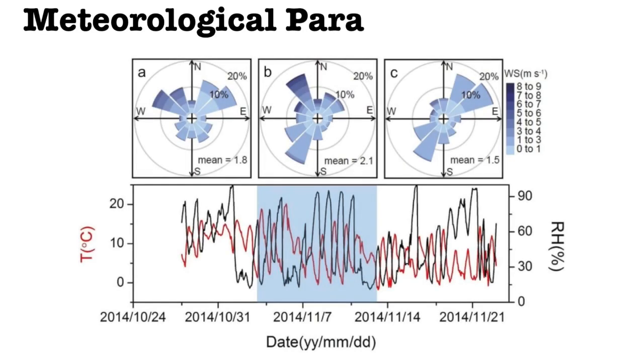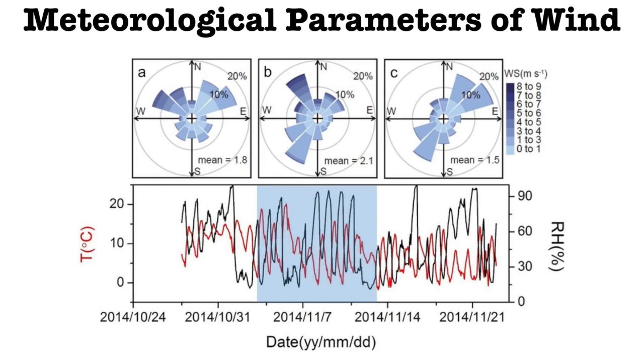Now we will discuss the meteorological parameters of the wind. Meteorological parameters of wind encompass various elements that aid in understanding and measuring the characteristics and the behavior of wind.